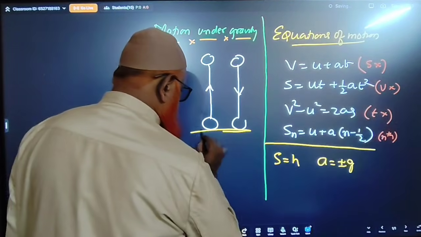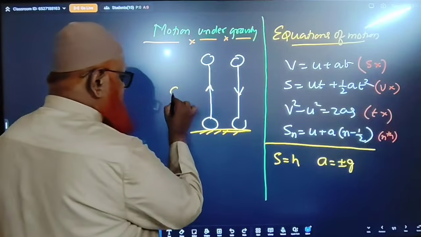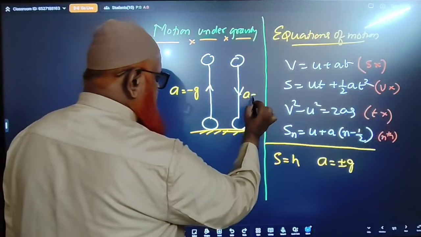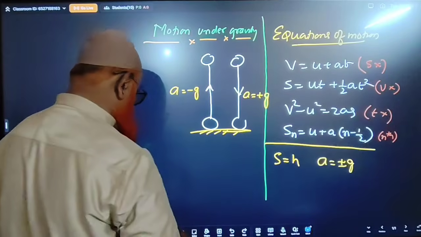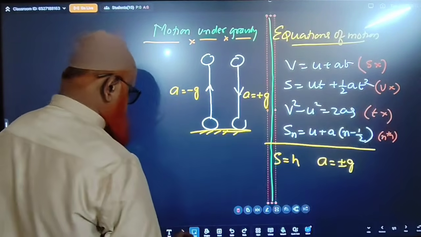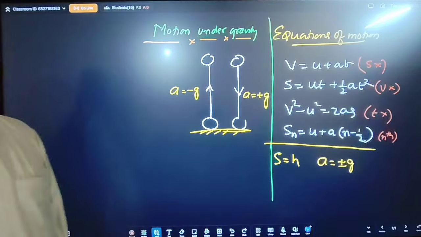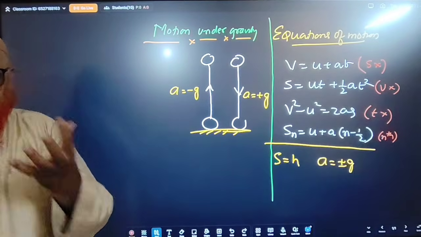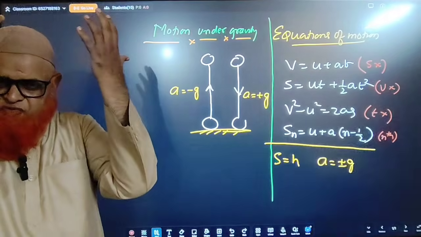This is the ground, let us imagine. Acceleration of a body is minus g. Acceleration of a body is plus g. When a body is moving upwards, it is going against the gravitational force.